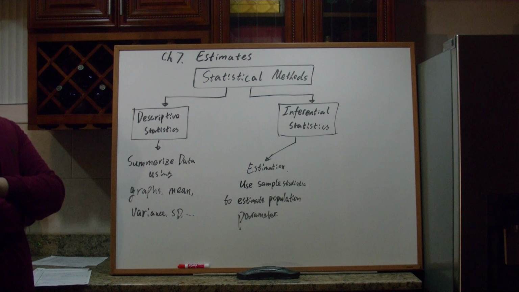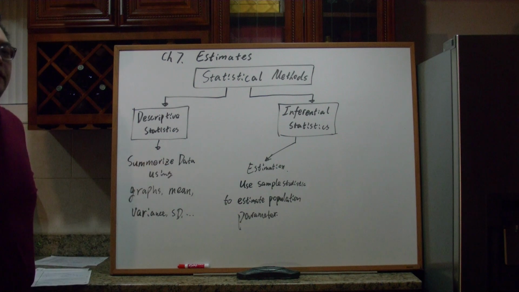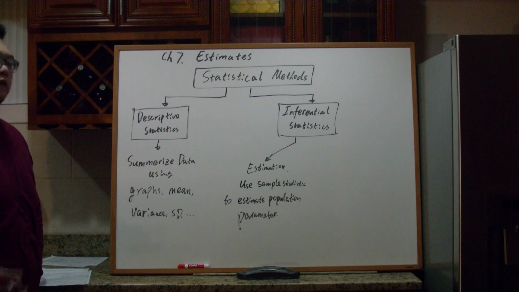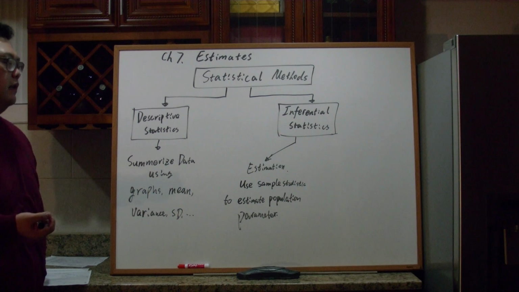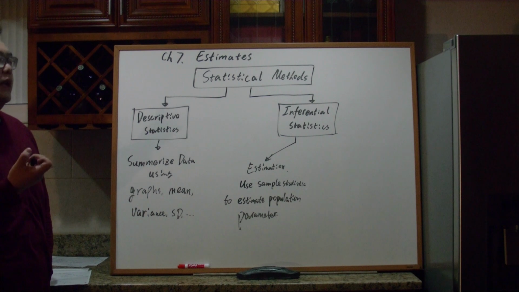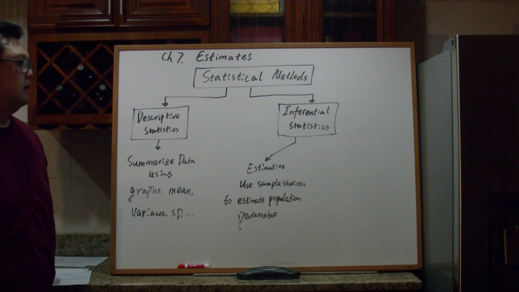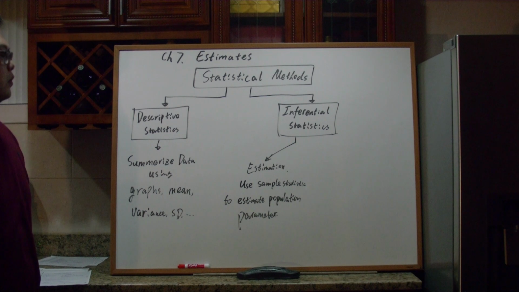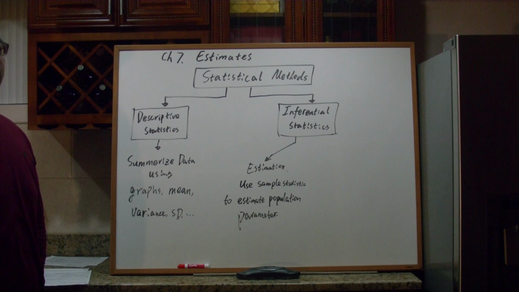Like when we interview 1,000 people, saying 40% will vote for and 60% will vote against, from that we can get an idea of what percentage of the entire population will vote for and the remaining will vote against. So we use the sample to estimate the population parameter.